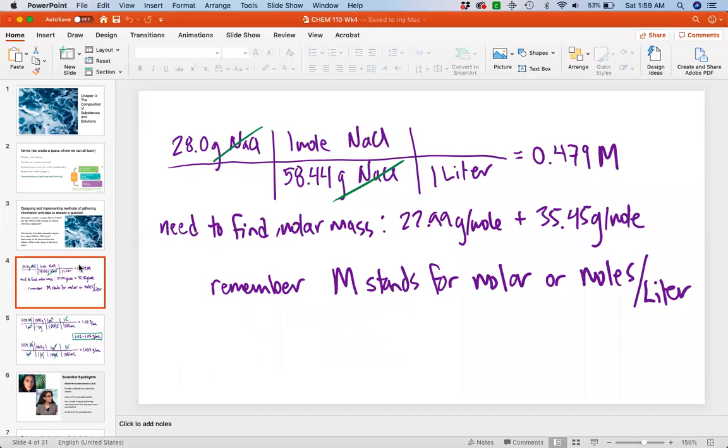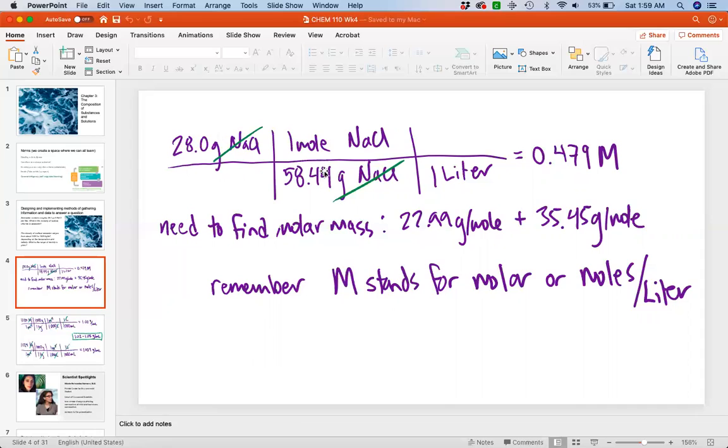If we think about that first problem, we have 28.0 grams of NaCl, and we have 58.44 grams of sodium chloride as our molar mass. That's adding the mass of sodium, 22.99 grams per mole, to the mass of chloride, 35.45 grams per mole.